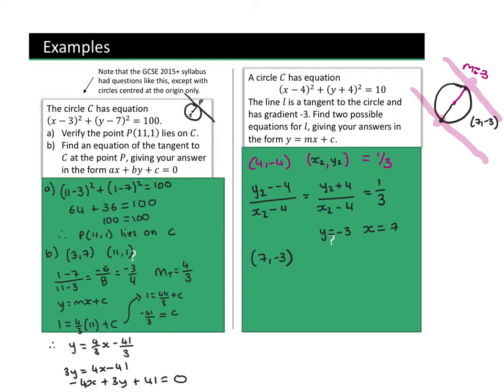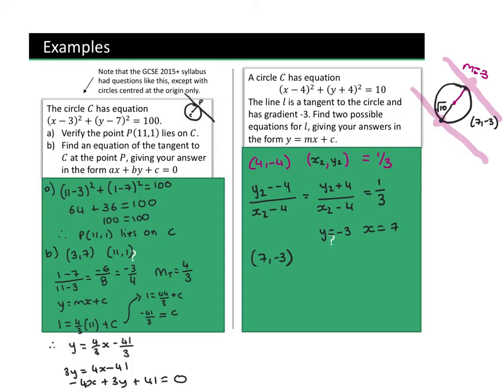Yeah, we could see the distance. Now, our radius squared is 10. So that means that the radius is root 10.